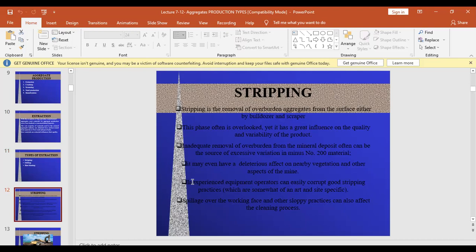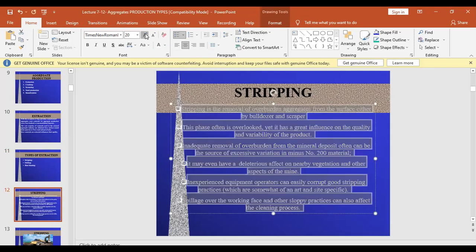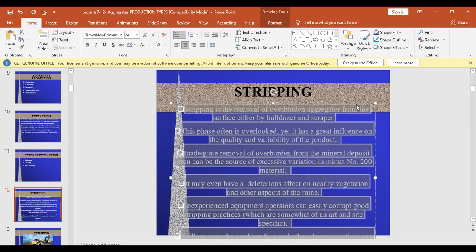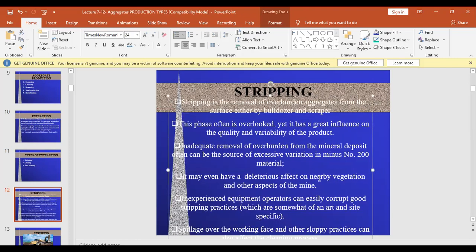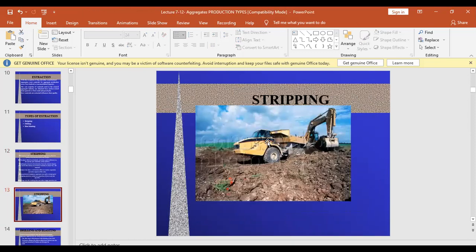Inexperienced equipment operators can easily corrupt good stripping material. Spillage over the working and sloppy phase are not desirable. So this is what we call stripping, just removing the overburden material with excavators or these equipments, as you can see here.